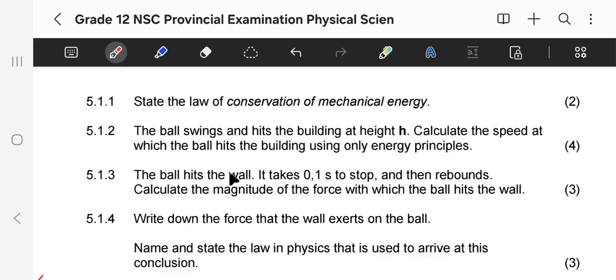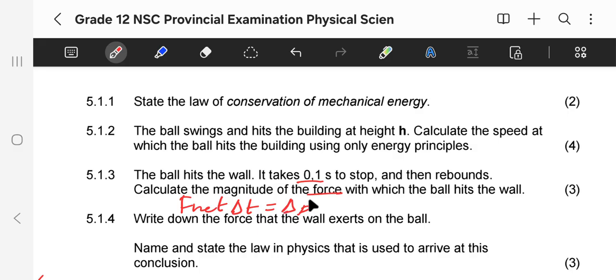The next question, guys, says the ball hits the wall, it takes 0.1 seconds to stop and then rebounds. Calculate the magnitude of the force with which the ball hits the wall. And once you see the time and then you see force, you must think what? Impulse, guys. The impulse formula. And we know that the impulse formula is F net delta t is equal to the change in momentum, delta p, right?